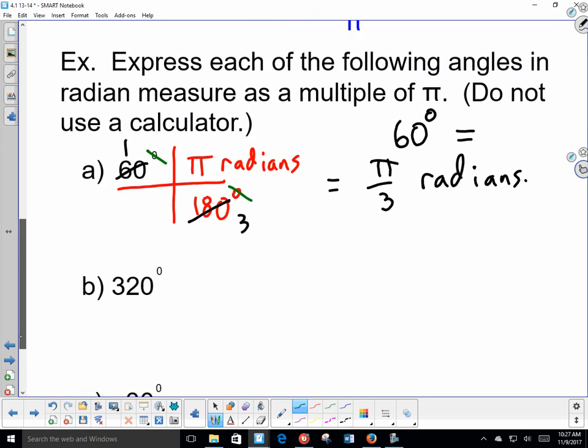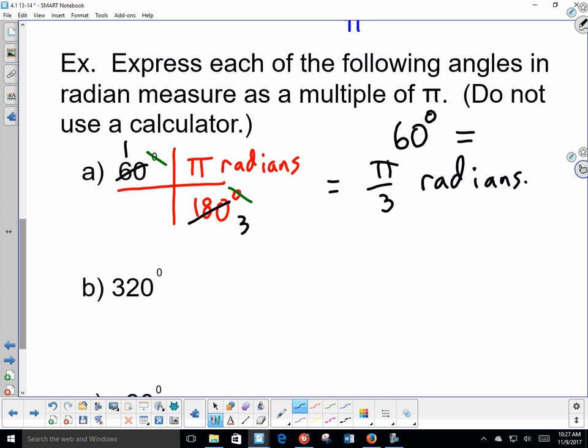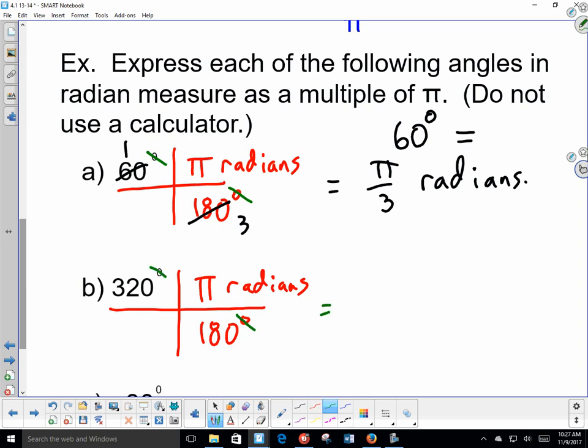Let's try one more of those. Let's do 320 degrees. Again, we're going to multiply by pi radians over 180 degrees. The degree symbols are dividing out, and we're left with, let's see, we can divide, does 20 go into both of those?